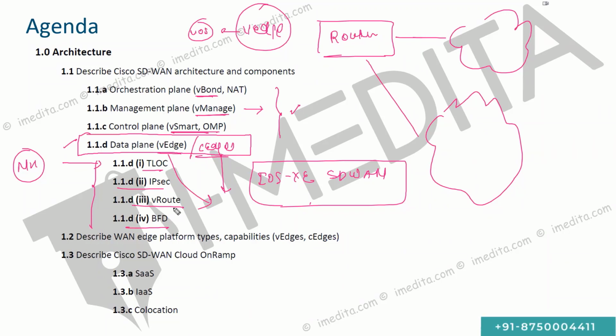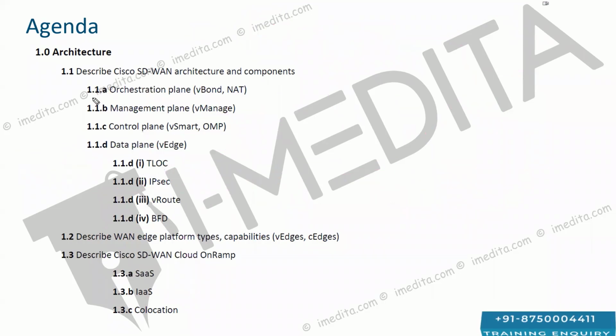There are different terminologies for the same. Typically, the routes that we get from one edge router to another edge router are referenced as the vRoute or Viptela route. We'll talk in more detail about these terminologies, but just to give you the idea, these are the components that we will be using in our Cisco SD-WAN solution deployment.